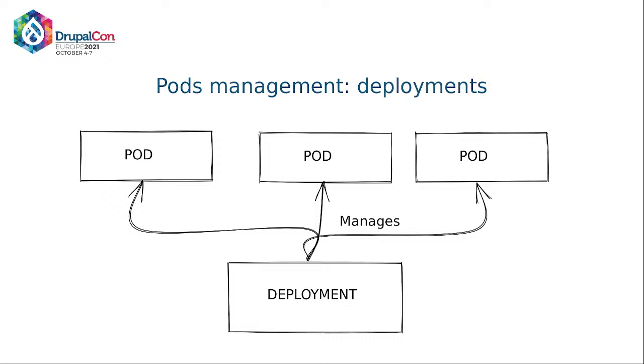So in Kubernetes, the basic thing that we use, which manages the replication of pods and also provides something like a template of a pod, is deployments. A deployment allows us to create a list of instances of pods and make sure that some minimal number of pods are working.